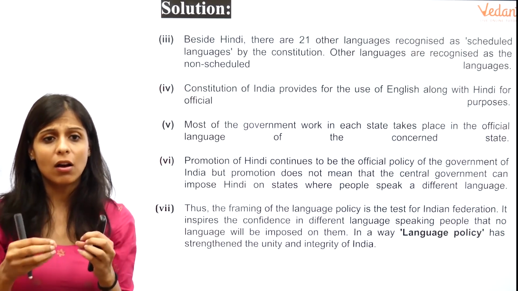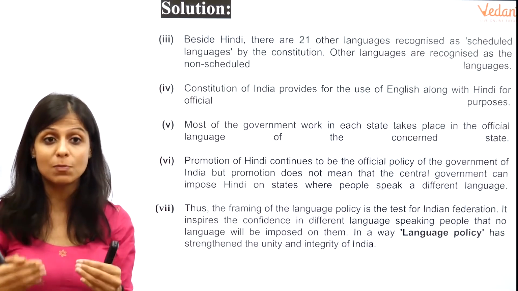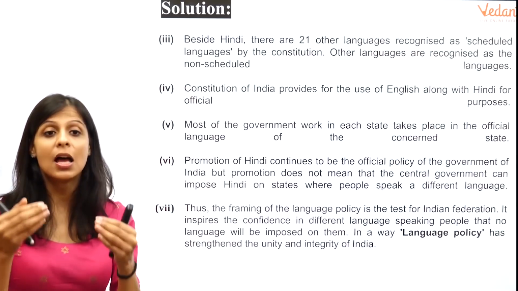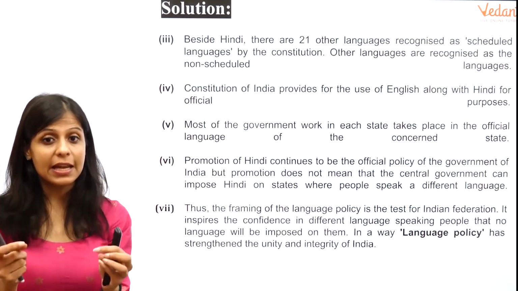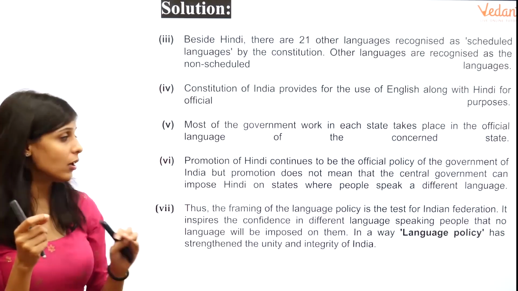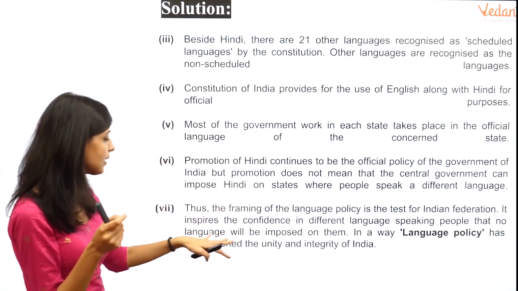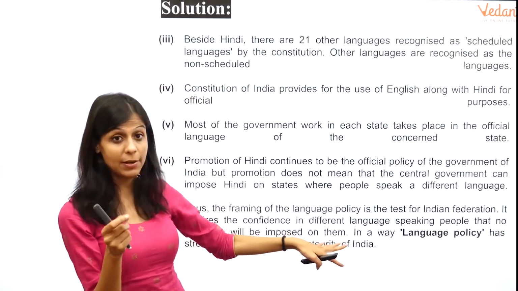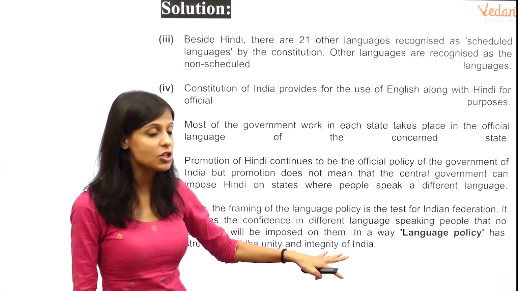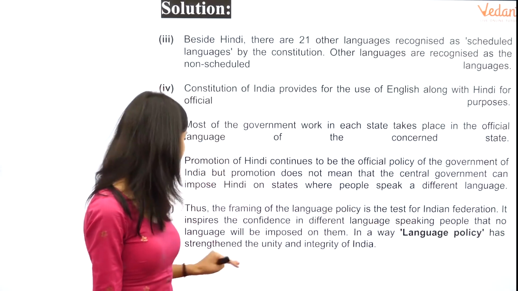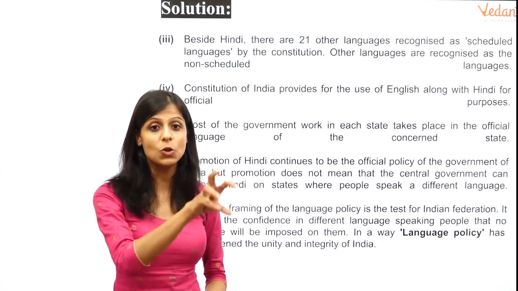It brought to the picture that we respect other nations, we respect our citizens, the minority sections, and it inspires confidence in different language speaking people that no language will be imposed on them, because we've never imposed even Hindi as the national language. So in a way, language policy has strengthened unity and integrity, because it's like each one to its own.